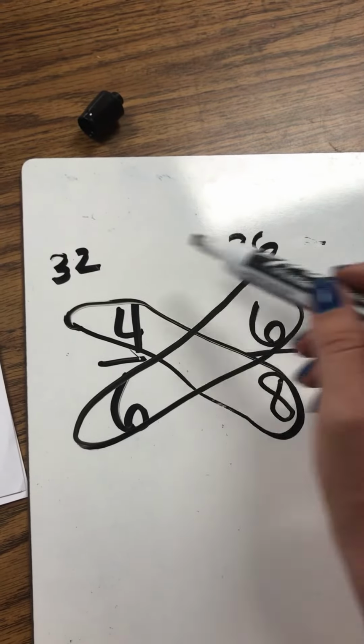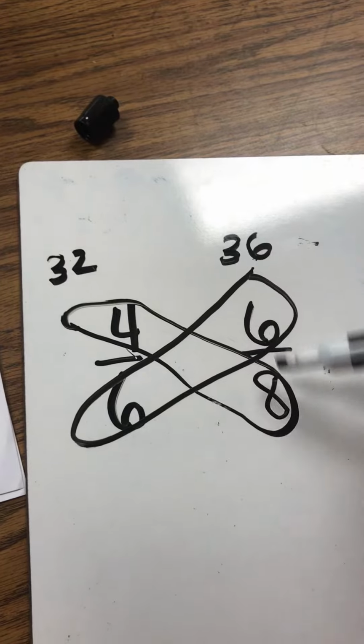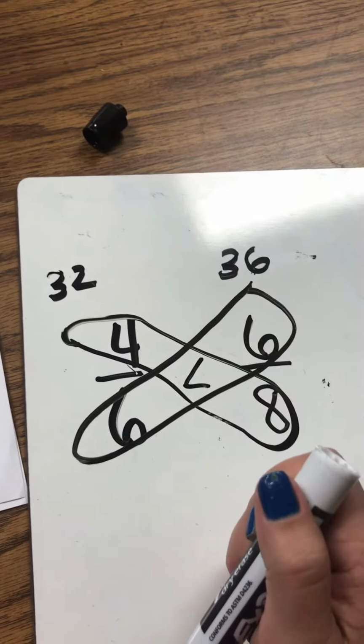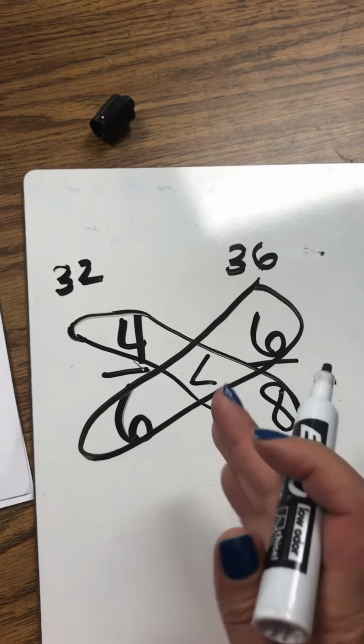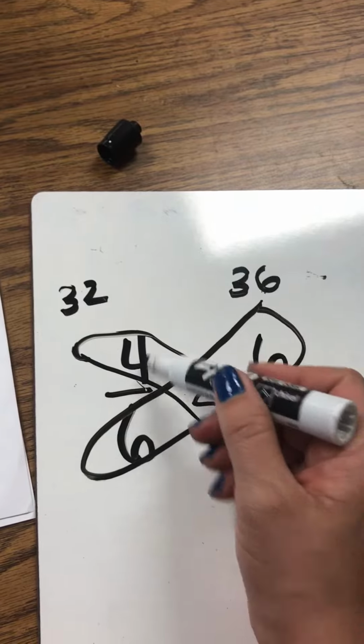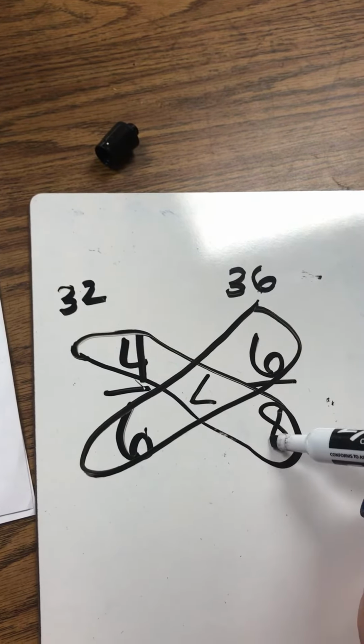Because this product is greater than this product, that tells us that this fraction 6/8 is greater than 4/6. Okay. However, if I read this problem from left to right, I would say that 4/6 is less than 6/8. Okay.